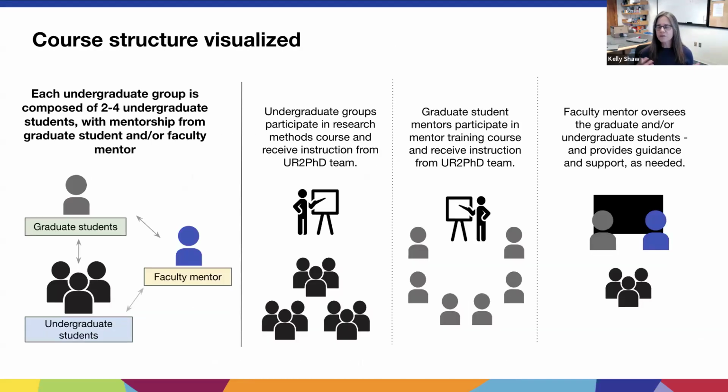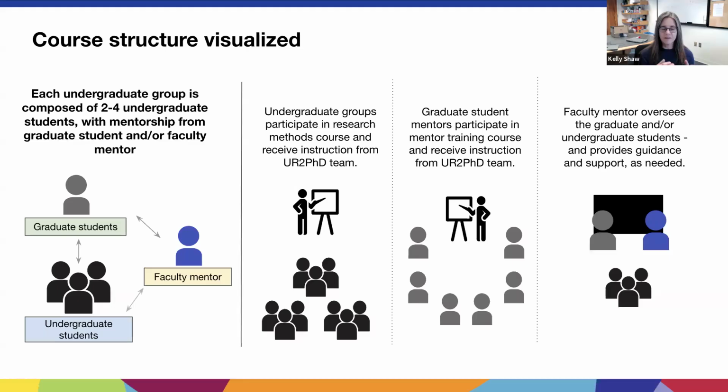Now, how are these two courses structured and how do things work together? So when students are part of our undergraduate research training course, they're actually enrolled as a group of 2 to 4 undergraduate students who are working with a faculty mentor and/or a graduate student on a research project.